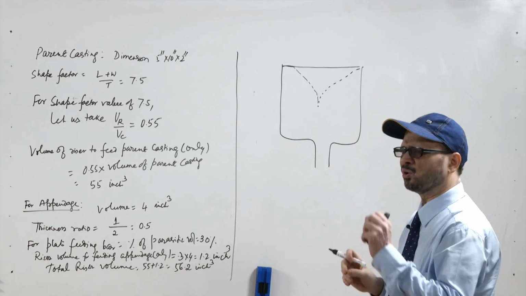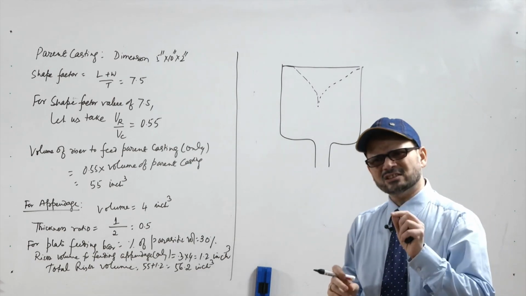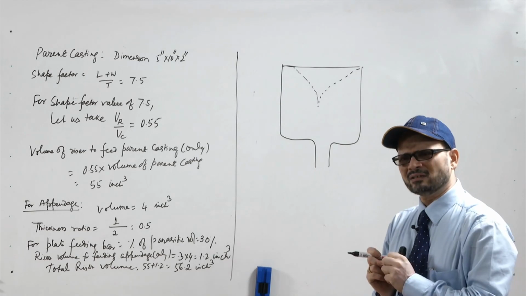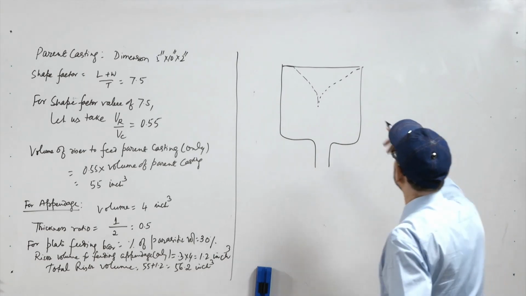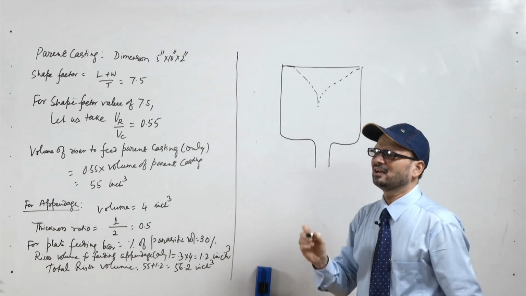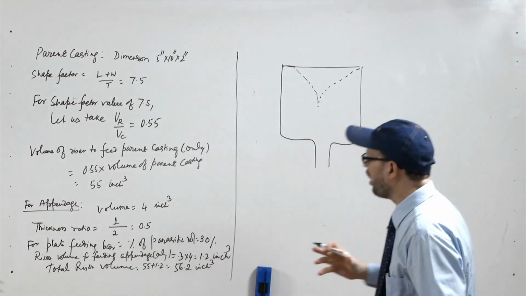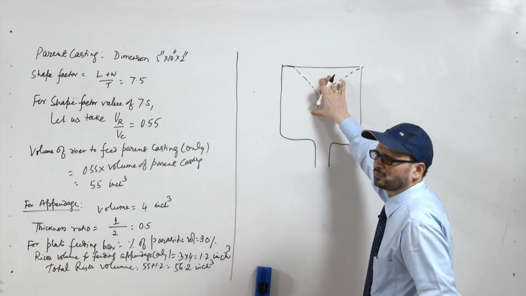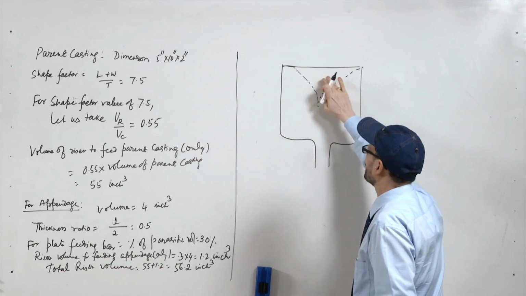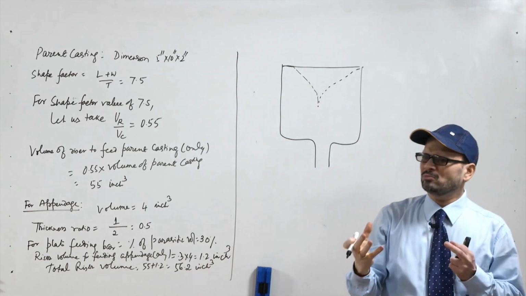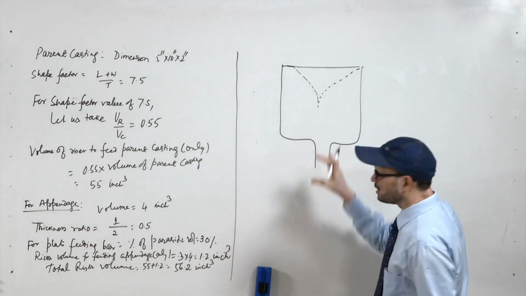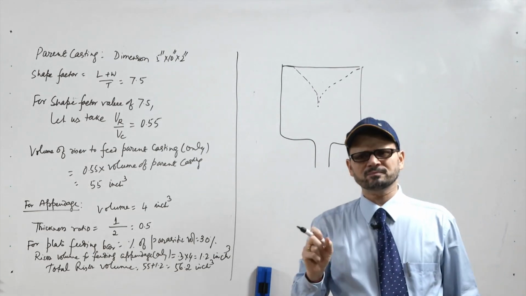Once you know the feed metal percentage or the volumetric shrinkage, depending upon the volume of the casting, you can get the volume of metal which has gone in. Or, from the riser itself, when the pipe is formed, by pouring water into it and finding the volume of the water, you can find the volume of metal which has gone to account for the shrinkage.